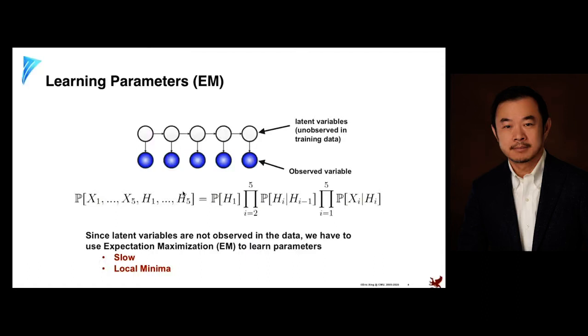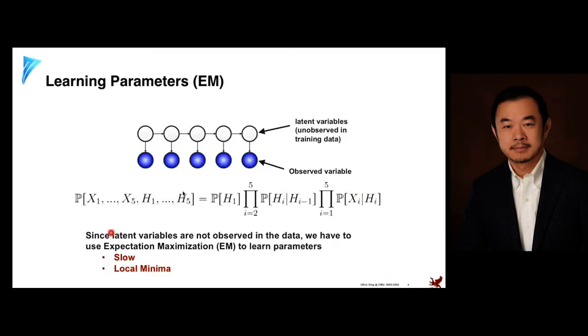In the E step, you are going to come up with an imputation of the latent variables, and then you treat them as a fully observed model in the M phase and learn the estimation, and then you iterate. Right? And we should by now also know that there are a number of difficulties or shortcomings of this technique.